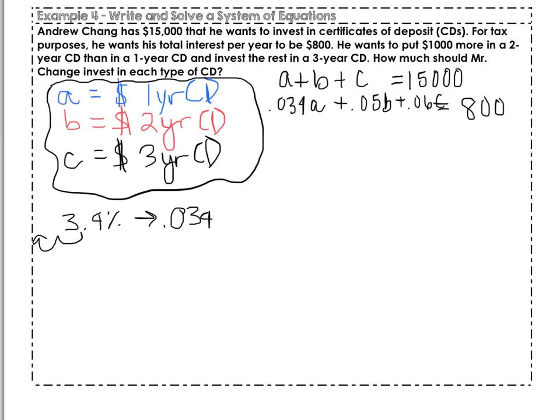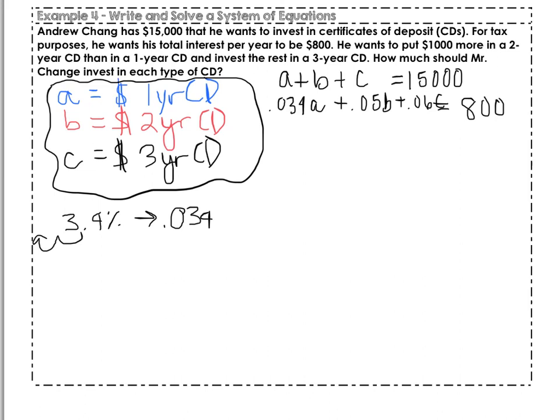That's okay. All right, the last piece of information I have yet to use is probably the most confusing sentence. He wants to put $1,000 more in a 2-year CD than in a 1-year CD, okay? And then he's going to put the rest towards a 3-year CD here, okay? So we're really focusing in on the 1-year CD as well as the 2-year CD. So we're focusing in on A and B, okay?